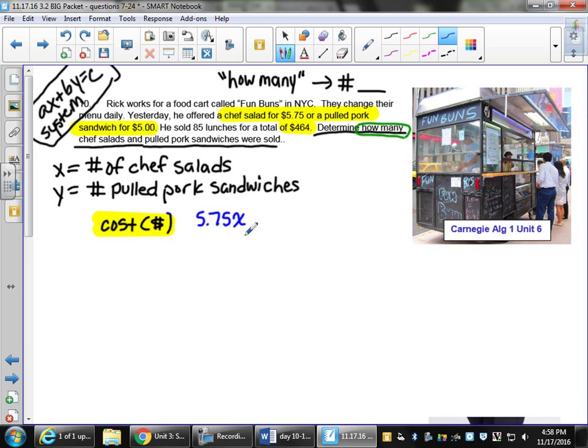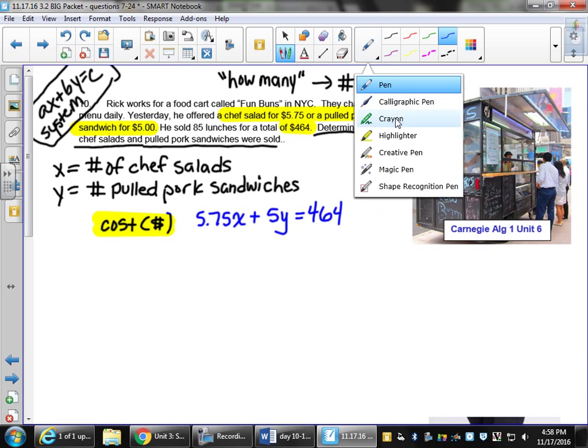So $5.75 per chef salad plus $5 per sandwich equals a total money amount of $464. Again, as soon as these values have been used in this equation, you can't use them again. They're done. What's highlighted is used, off limits.